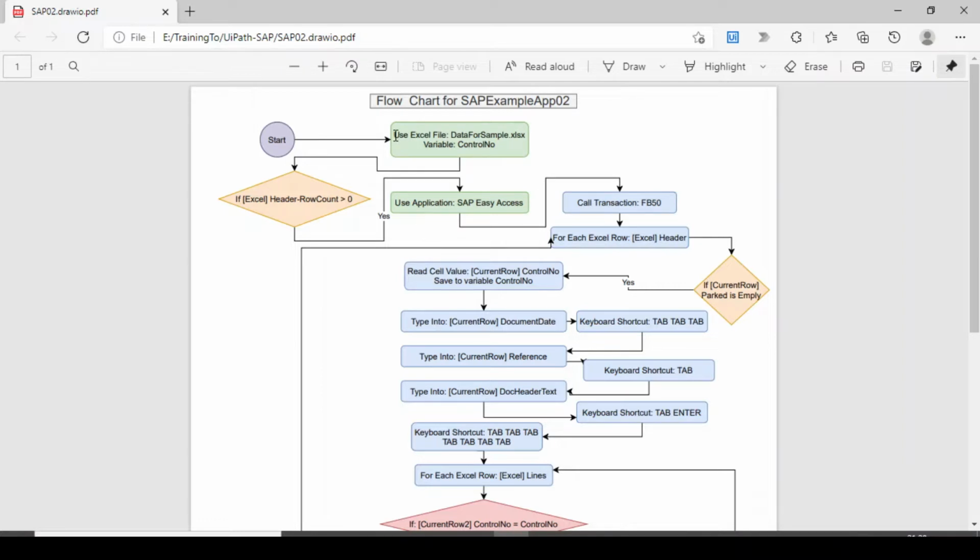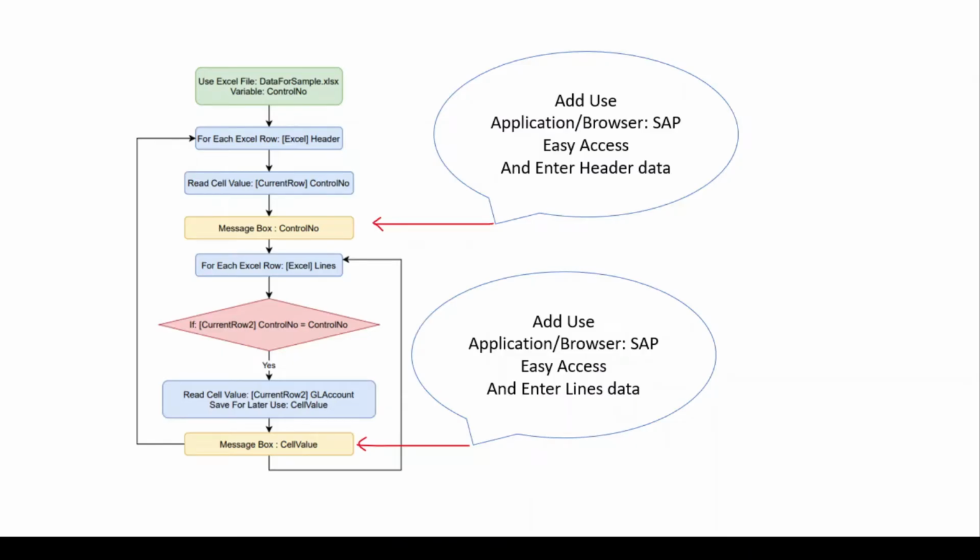The chart is extended from the earlier example from video series part number 4. If you remember, the earlier project was to read an Excel file, the data for sample XLS file, and then to go through each row of the Excel sheet, and there were two sheets.